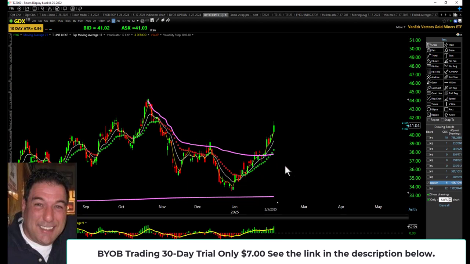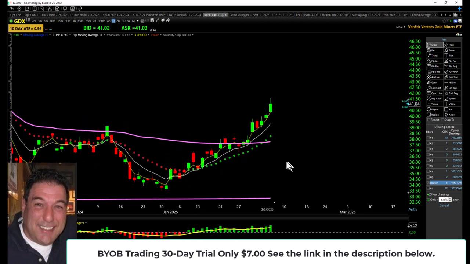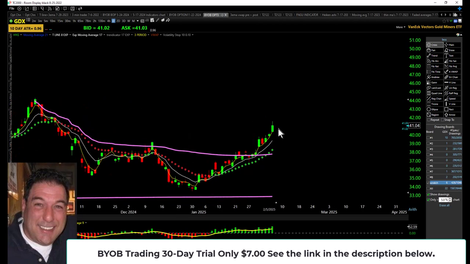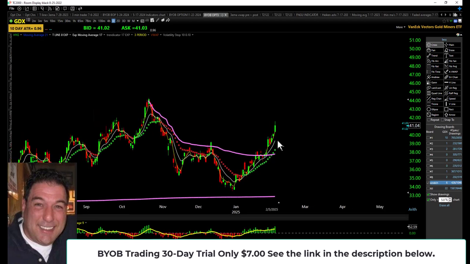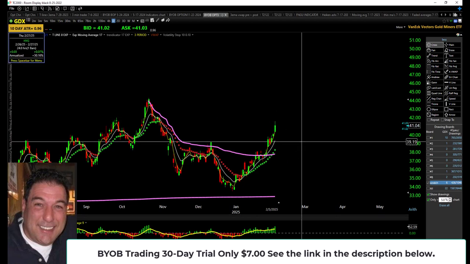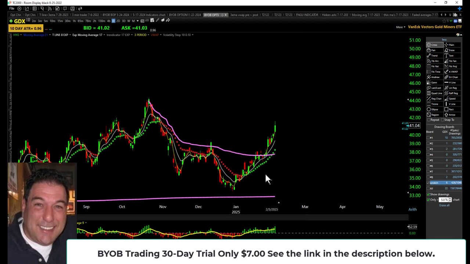So GDX is bullish. I like it a lot. A little hot right now, but you know what? If the dollar continues to fall, this will continue to rise. All right, so GDX looking good. I'd like to see it test support.